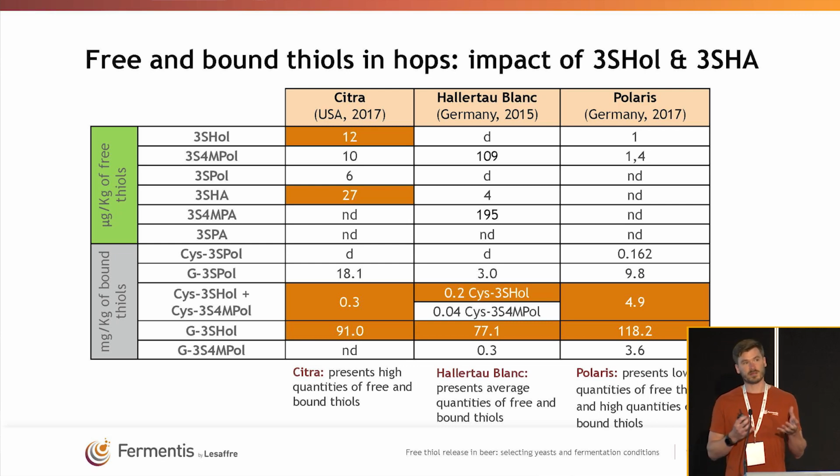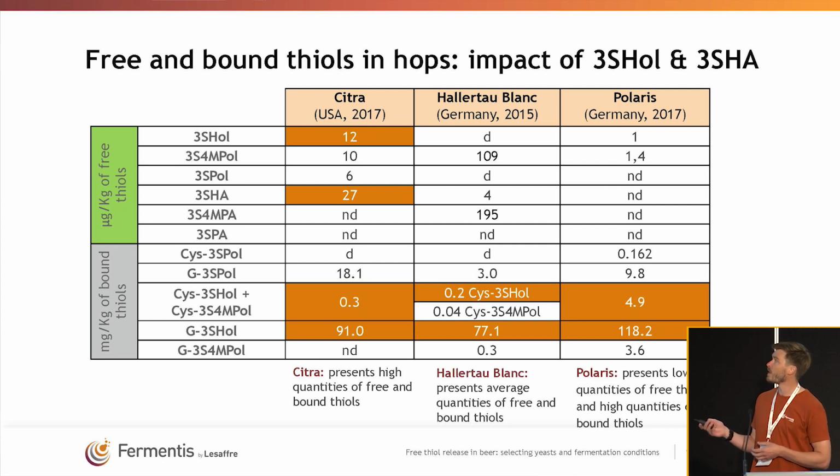So yeast will have a different impact depending on the hops that you're using. And Citra, for instance, is showing a high amount of free thiols here, 3-SHA, which has a very low flavor threshold. And hops like Aleto Blanc or Polaris have less of those hop thiols.